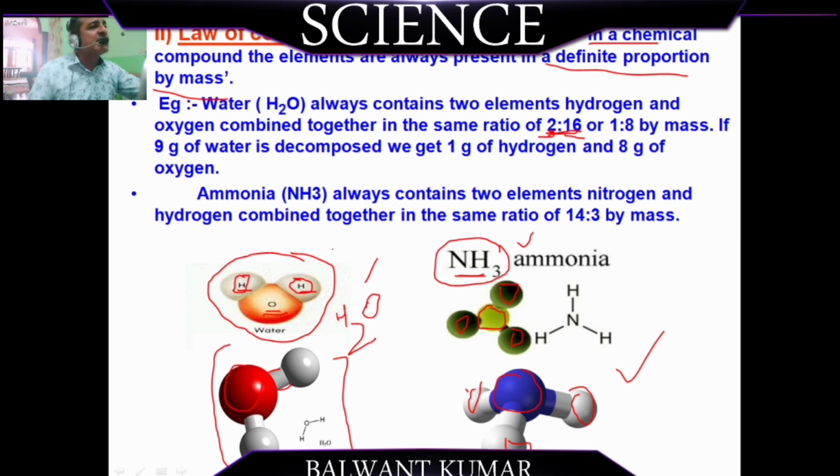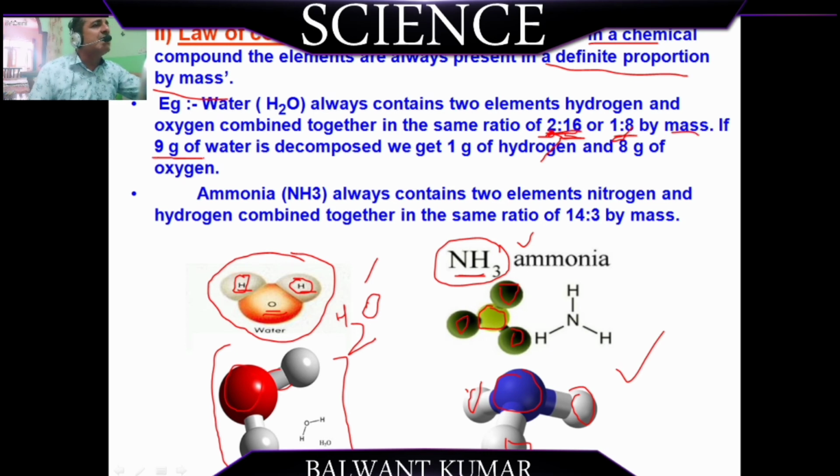So, whatever is the source of water, from all the sources, when a water molecule is studied, the composition is always in the definite proportion by mass. That is, the definite proportion is 2 by 16, or in simplified form, 1 by 8 by mass.